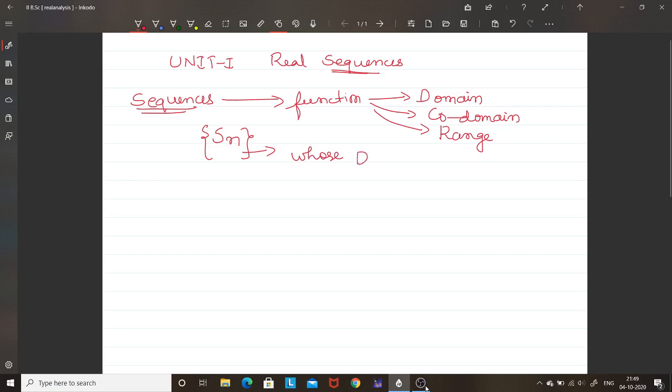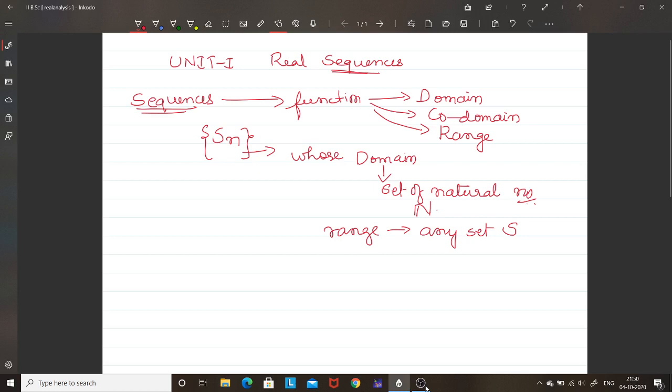Here the domain is the set of natural numbers, which we denote by the English letter N. And the range may be any set. Let me call it R. So basically a sequence is a function whose domain is a set of natural numbers.